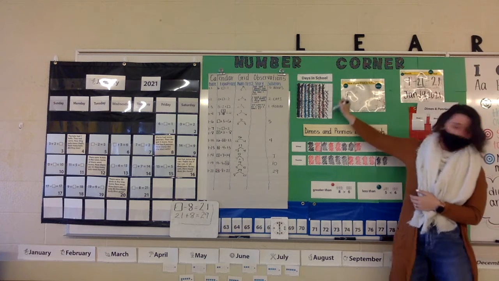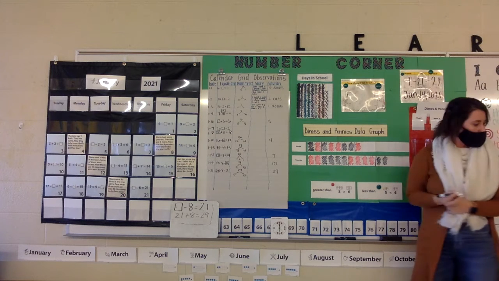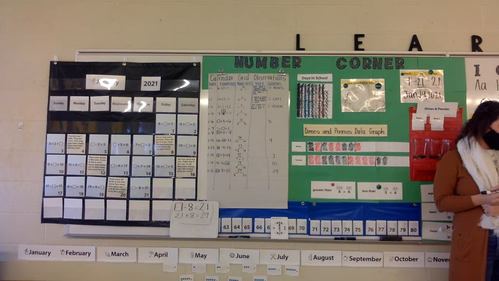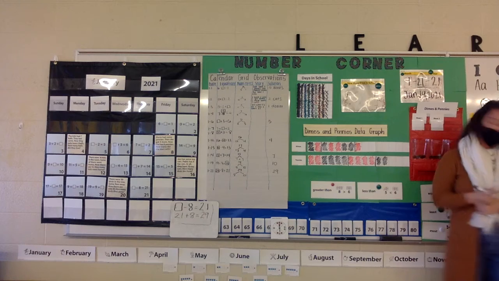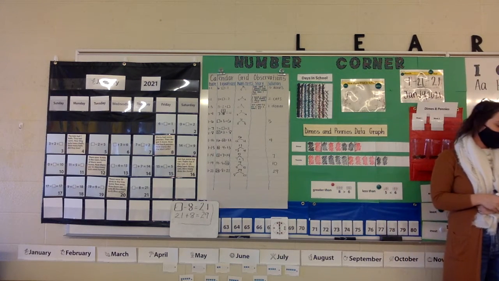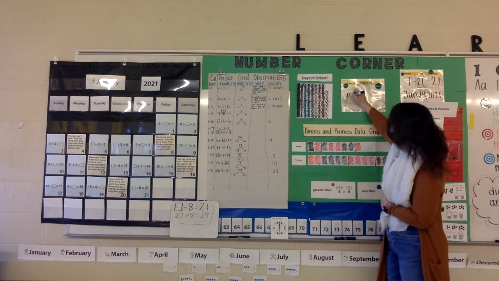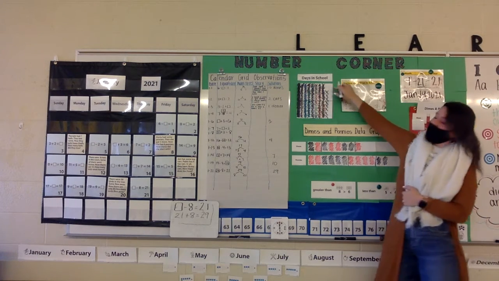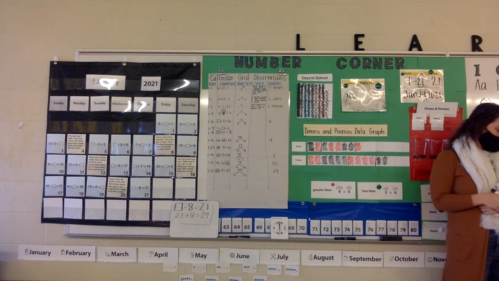What would be the whole chart? How many? What's the whole chart? 50, and 50 more is what? 100? Take away how many are blank? What did you just say? How many are blank? 12.